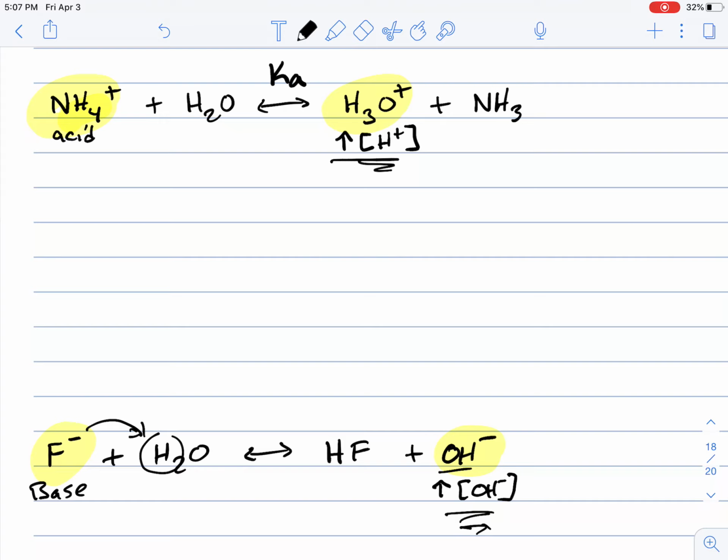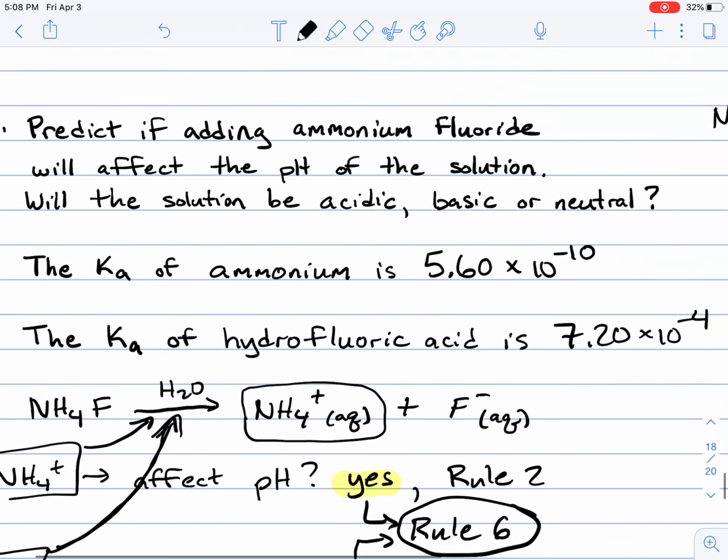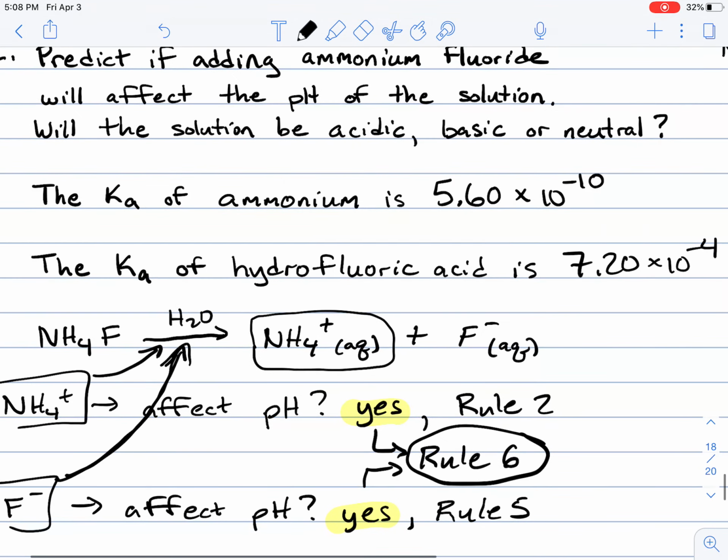And if you look at the second chemical equation with F minus, since F minus is a base, the forward reaction is describing the ionization of the base. And so we're going to compare Ka and Kb, but we have to determine their actual values. So I'm going to scroll up and look at some of the other stuff that this problem gave us.